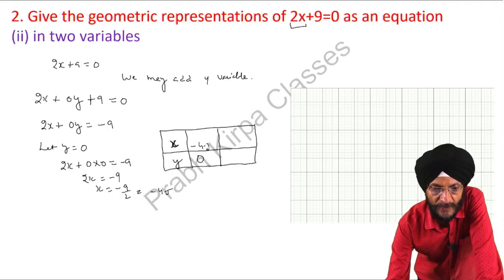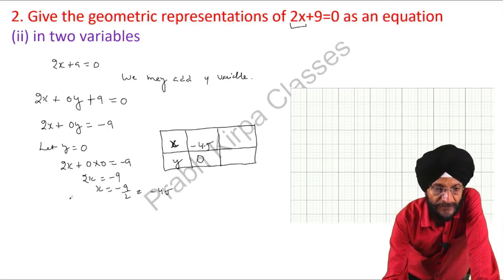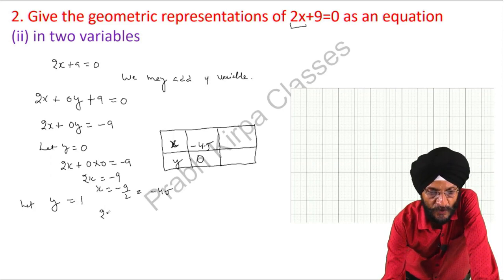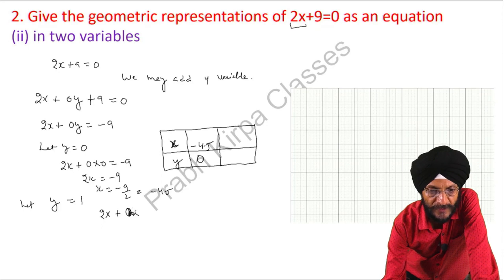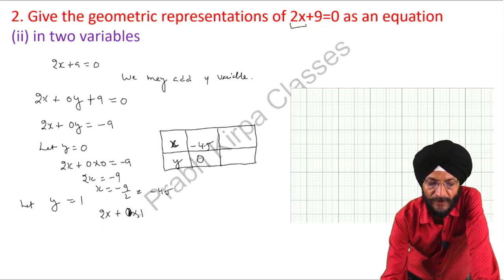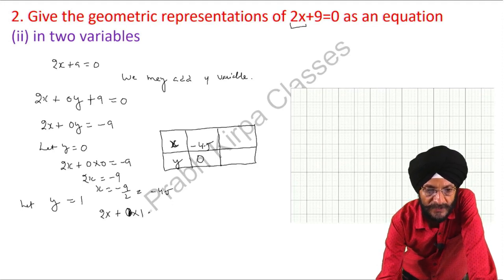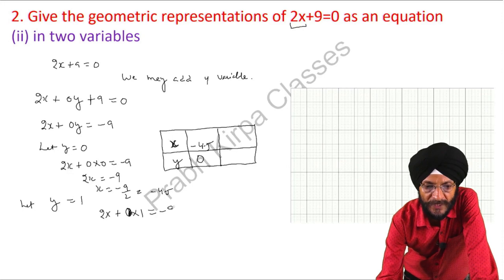Now when we say let y is equal to 1, what will happen? 2x plus 0 into 1, because it is 0y, and the value of y is 1. 2x plus 0 into 1 is equal to minus 9.